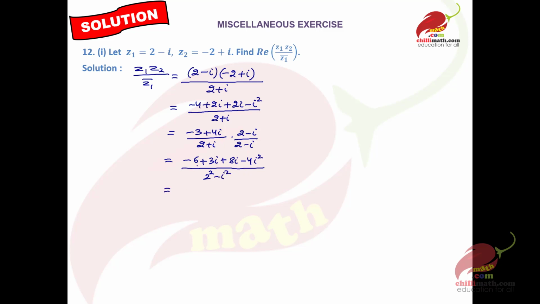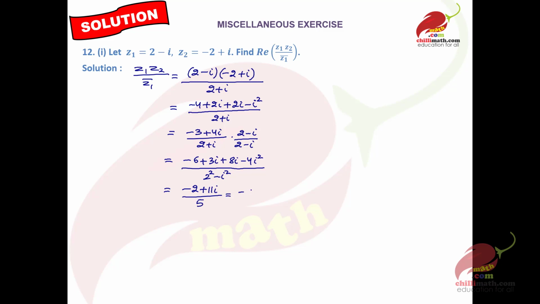This is equal to minus 6 minus 4 into minus 1 plus 4. So minus 6 plus 4 is minus 2 plus 11 iota over 2 square 4 minus of minus 1, 4 plus 1 is 5.